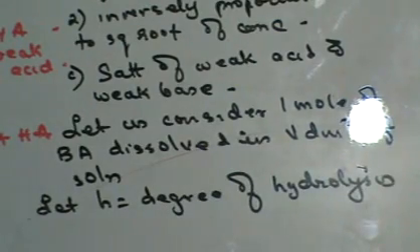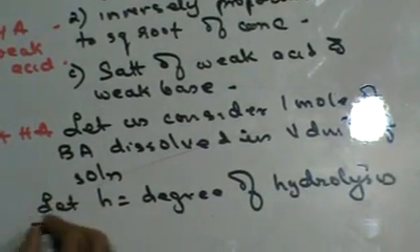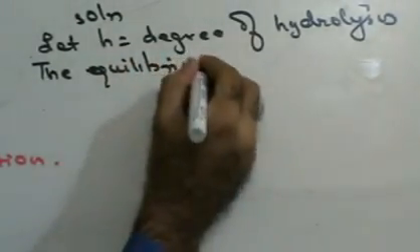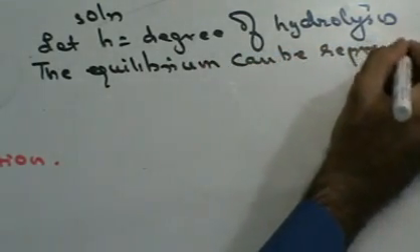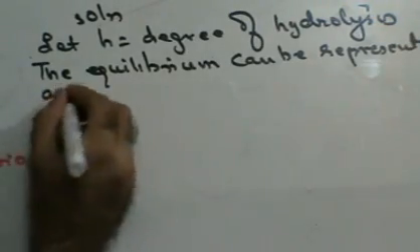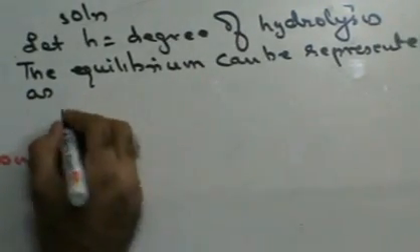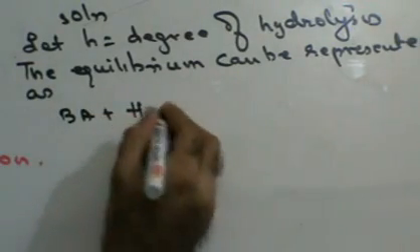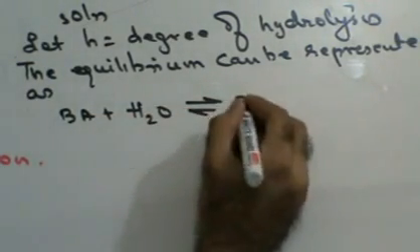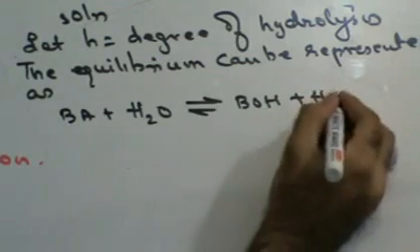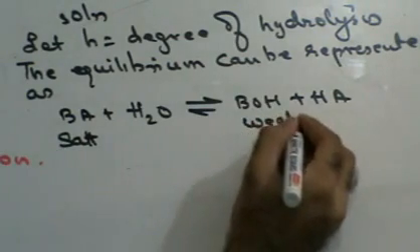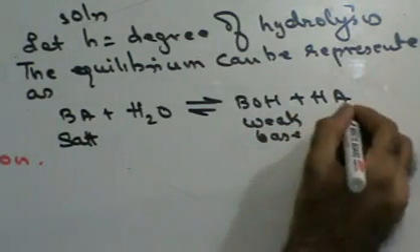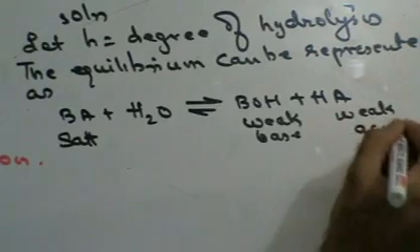Right? In that case, I can say that the equilibrium can be represented as BA plus water gives you reversibly BOH plus HA. Right, this is your salt, this is weak base, this is weak acid.